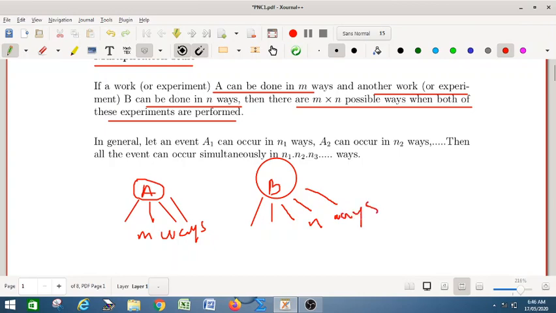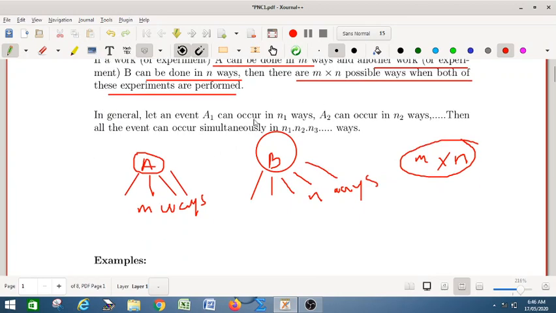So if both of these experiments are simultaneously happening, then there are M cross N ways. Total number of ways is M cross N. This is your multiplication rule. M cross N possible ways when both of these experiments are performed.